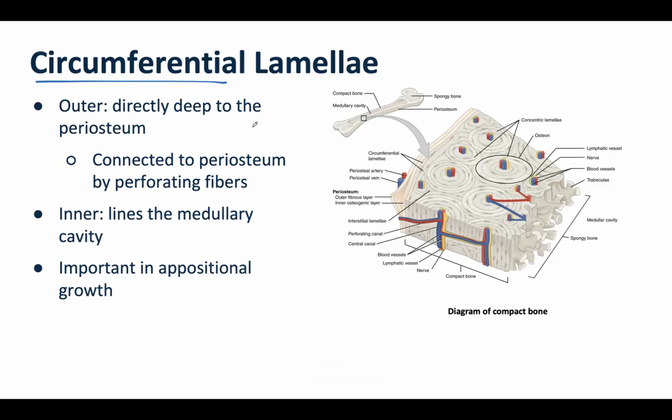So the outer circumferential lamellae is what you can see when you're looking at bone directly deep to the periosteum. And although you can only see the outermost portion of that outer lamellae, the inner circumferential lamellae will line the medullary cavity and is more closely associated with the endosteum.